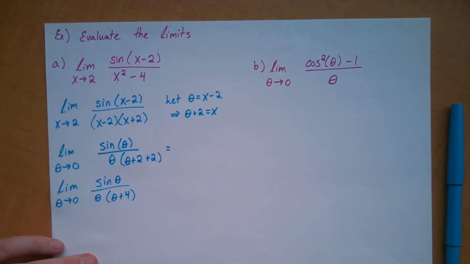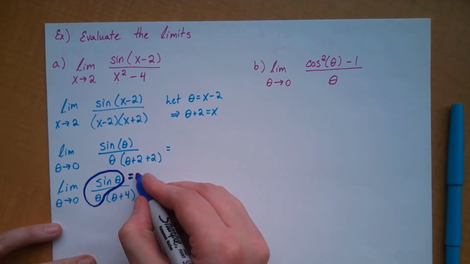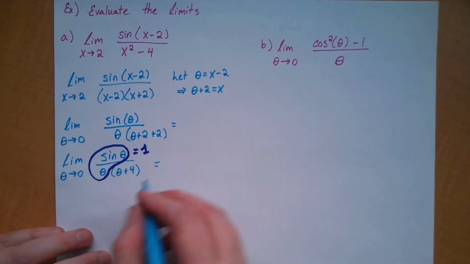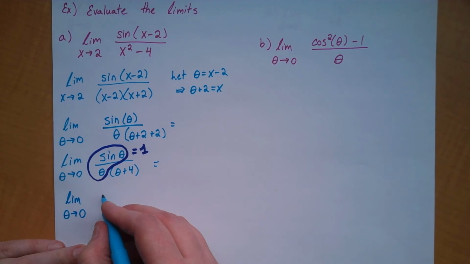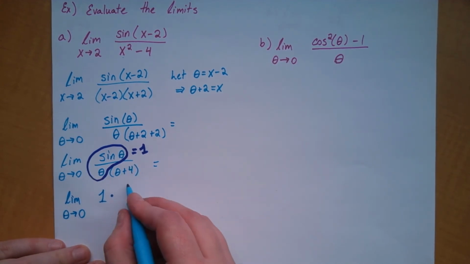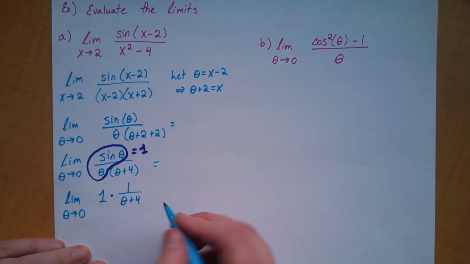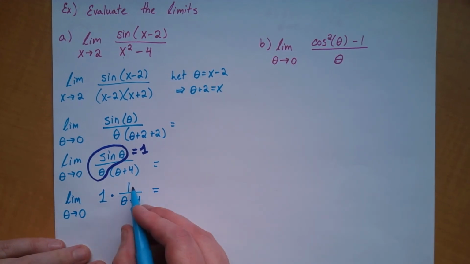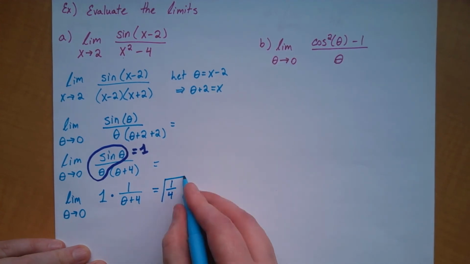Now remember, from that limit that we talked about earlier, this guy is going to equal 1. So I will be left with the limit as theta approaches 0 of 1 times 1 over theta plus 4, since the theta plus 4 is on the bottom. As theta approaches 0, I'm going to have 1 times 1 over 0 plus 4, which would just leave me with 1/4.